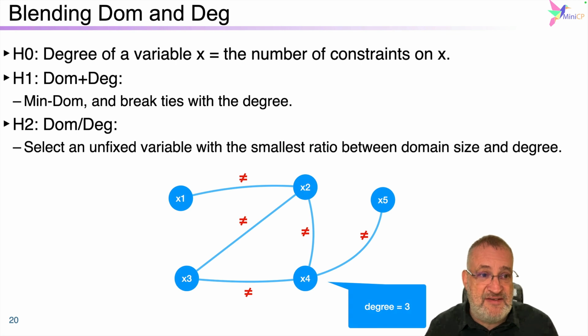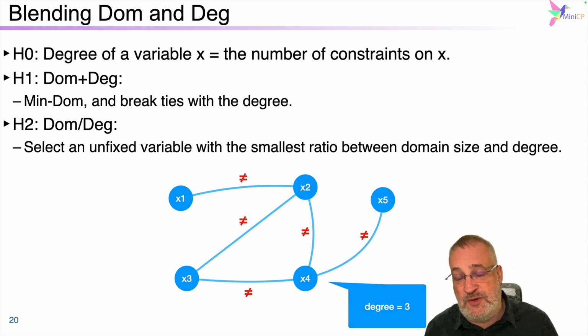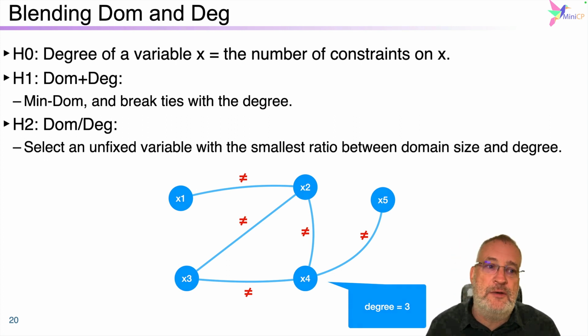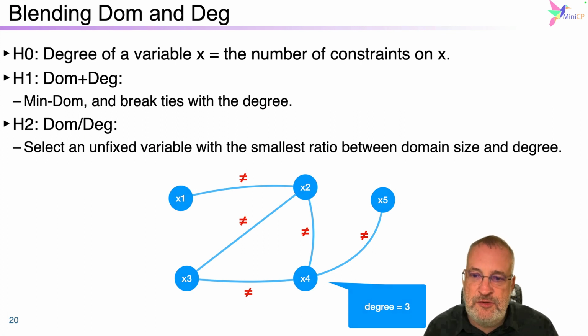Therefore, variables that have high degree will make the fraction smaller. So if I select the minimum of the ratio, I'm basically compounding the two at the same time. I'm never ignoring deg until the domains have equal sizes. I'm taking it into account all the time by looking at the ratio.